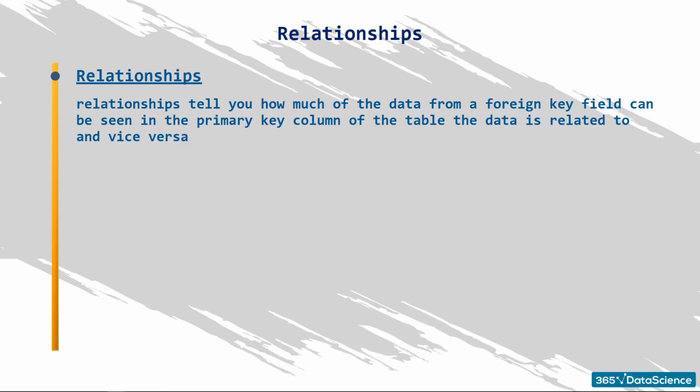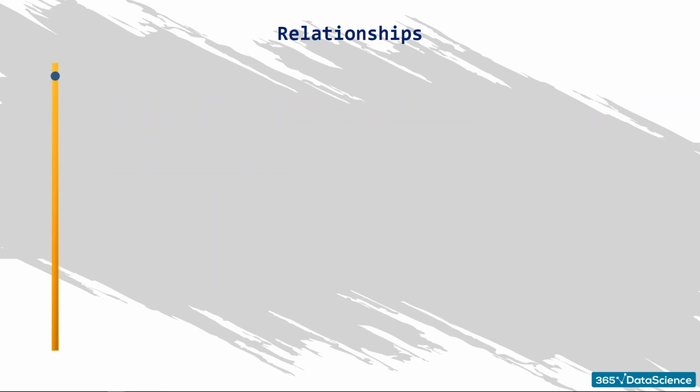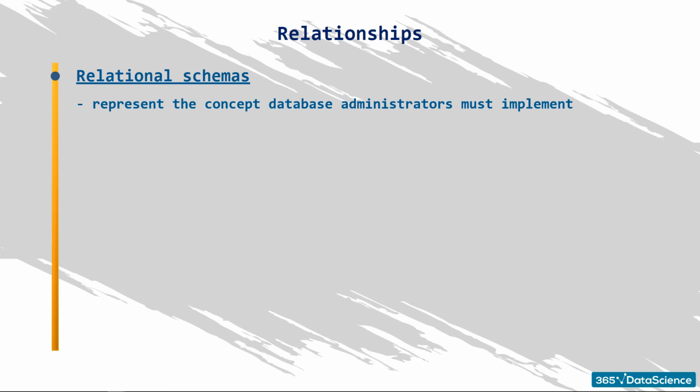There are some other types of relationships as well. One-to-one, many-to-many, and others. This is information that we share with you for general knowledge, as this is a specialized topic which is of interest mainly to advanced users. To sum it up, relational or database schemas do not just represent the concept database administrators must implement.